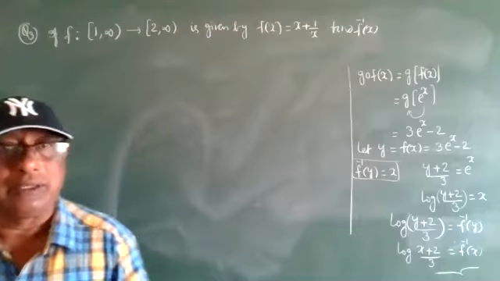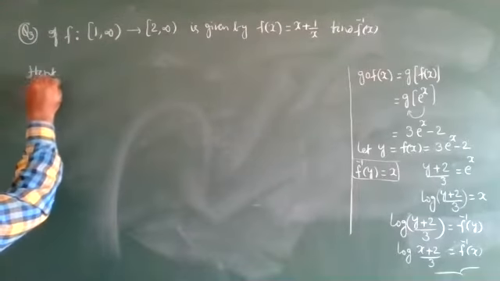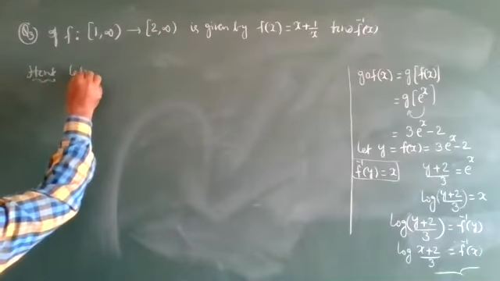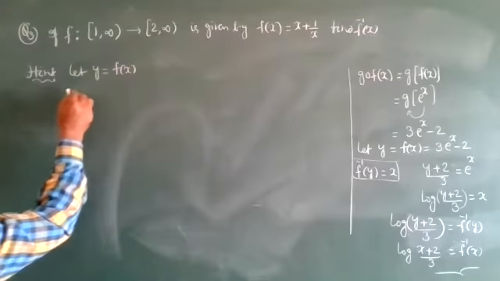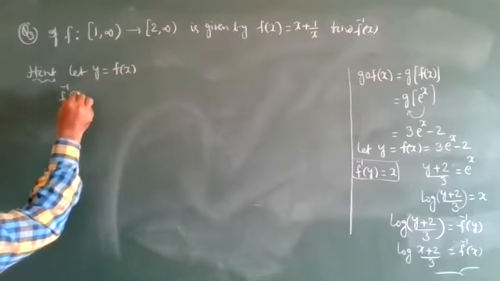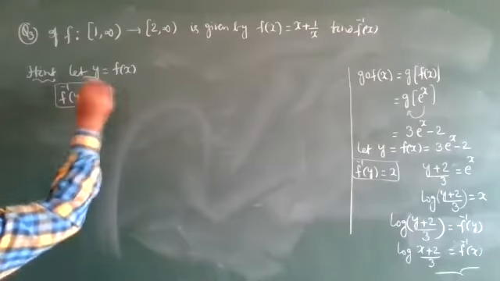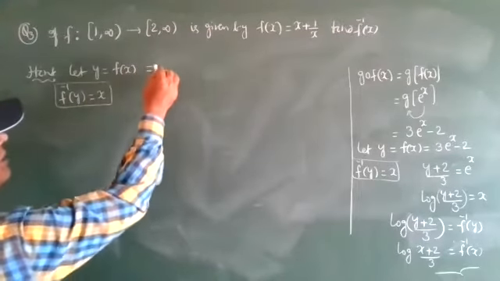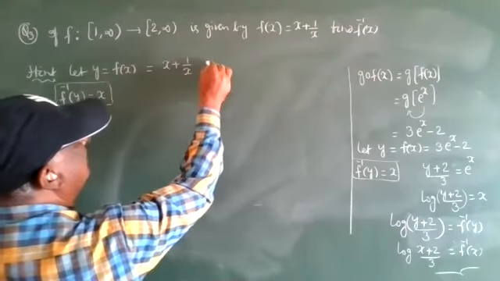Immediately see the problem. So I will write, hint already will tell. Let y is equal to f of x if necessary. F inverse of y is equal to x. If f of x value is x plus 1 by x, take LCM.